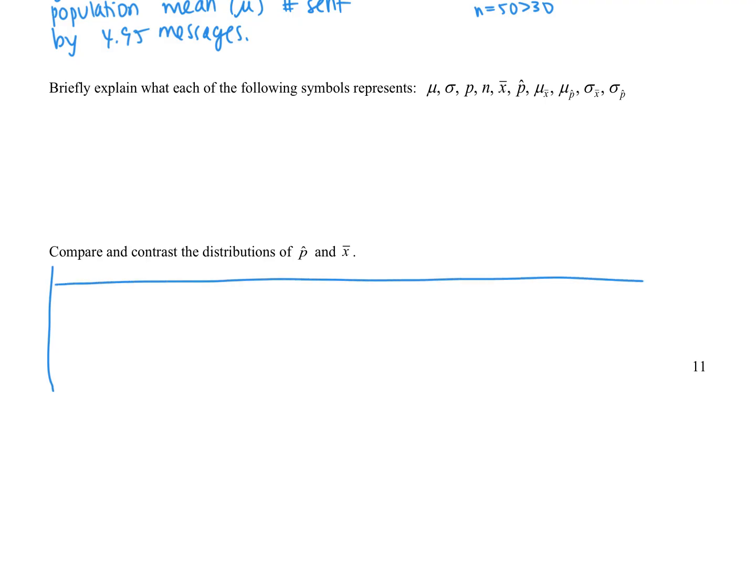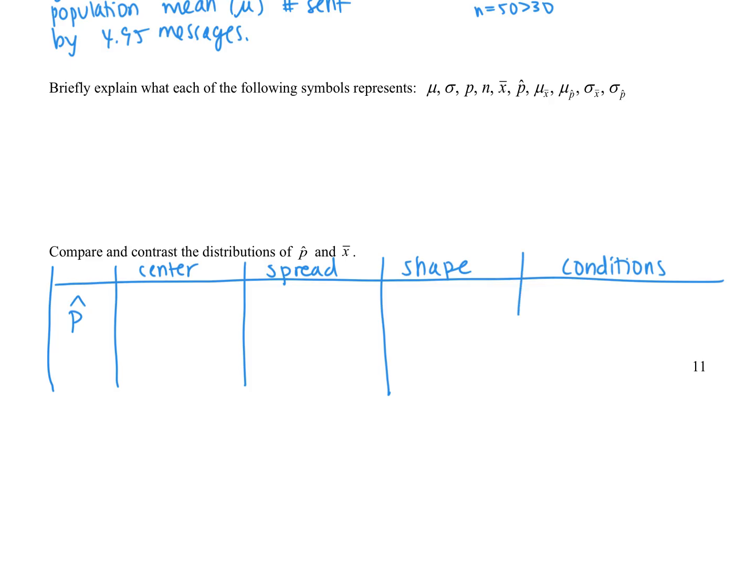I need you to know the center, I need you to know the spread, we need to know the shape, and we need to know any conditions that apply. So we're going to talk about this for P hat and for X bar.